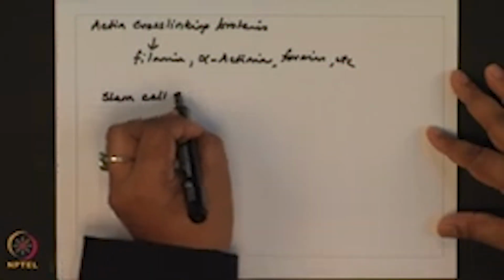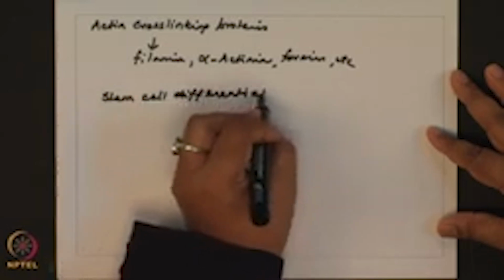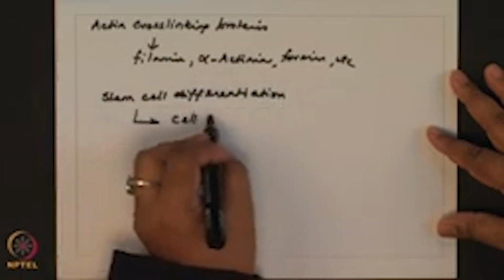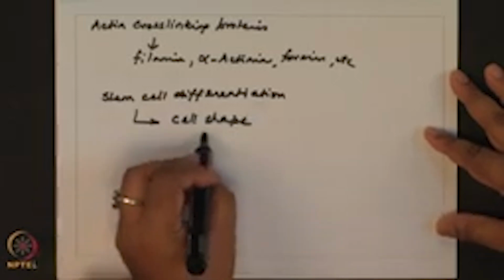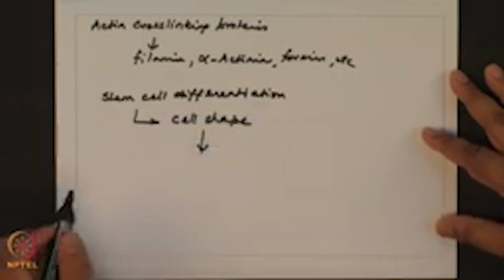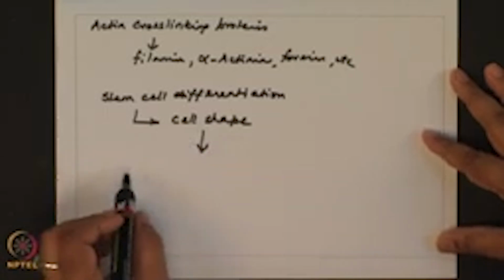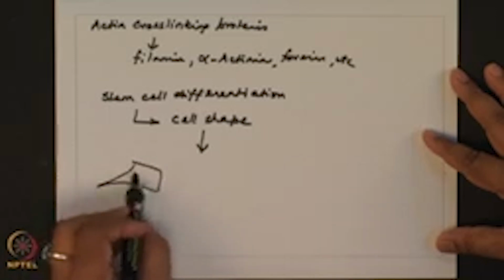But in the context of stem cell differentiation, it has been said that cell shape is one of the important regulators. So, the question I want to raise today is how do you go about controlling cell shape? If you plate cells in culture, most of the time the cells will have shapes like this.